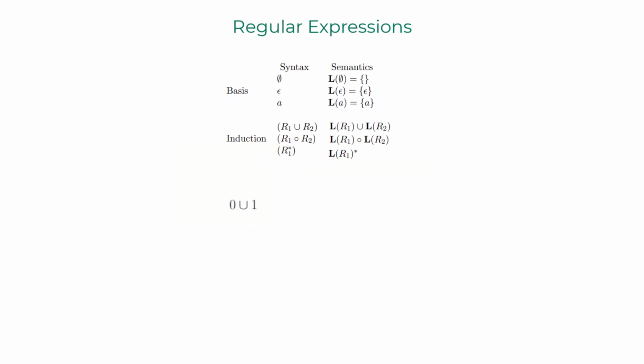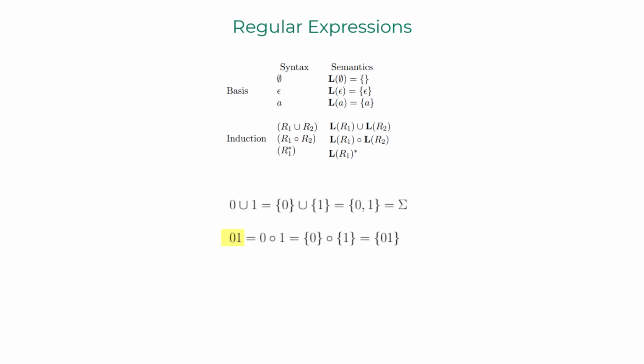Let me walk you through a few basic regular expressions. 0 union 1 would be the language containing only 0 union the language containing only 1, which would be the language containing 0 and 1, which is basically the alphabet sigma. For representing concatenation in regular expressions, we usually avoid using the dot or circle operator.